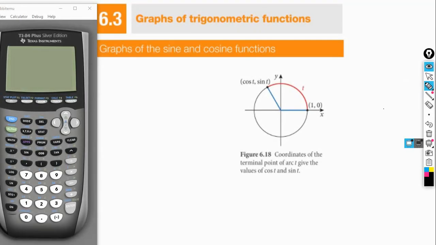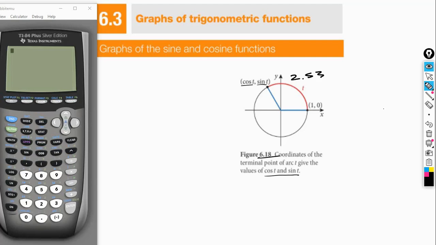Now if we look at figure 6.18, it says coordinates of the terminal point of arc t give the values of cosine of t and sine of t. We know from the previous section that the coordinates of this point would be equal to cosine of t for the x-coordinate and sine of t for the y-coordinate. Now, let's suppose that this arc is 2.53 radians, and we want to see what the y-coordinate is.